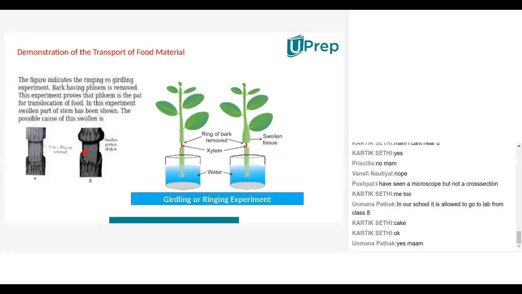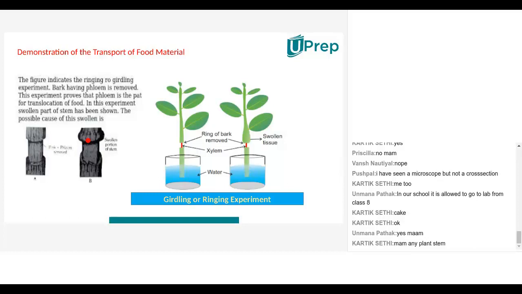This girdling or ringing experiment proves that xylem has actually transported water, food, nutrients, everything upwards. But here things have got a little accumulated. That's the reason why this place has got a little swollen, because in this experiment, though xylem was doing its role, phloem could not do its role.